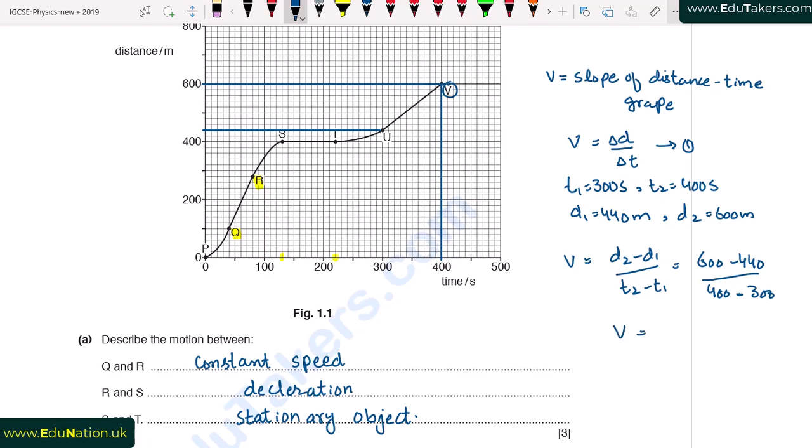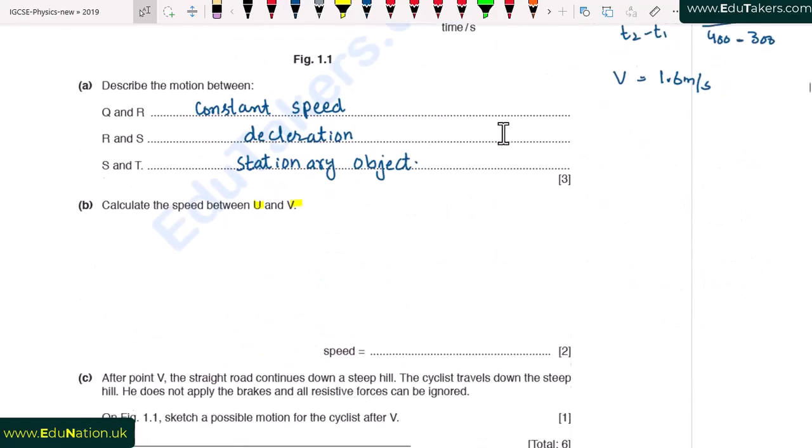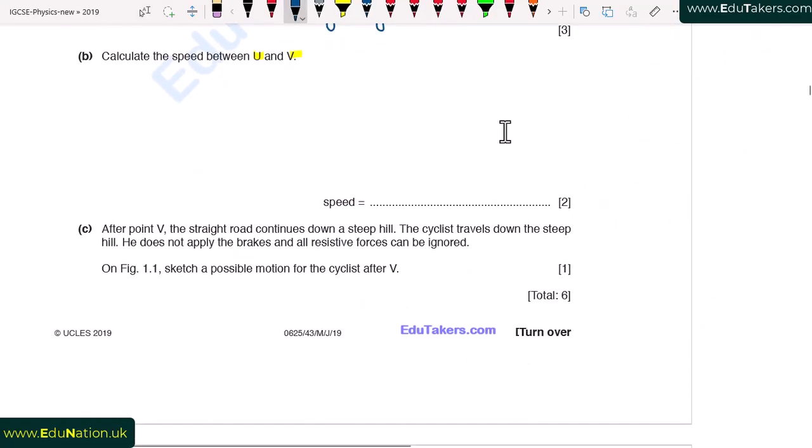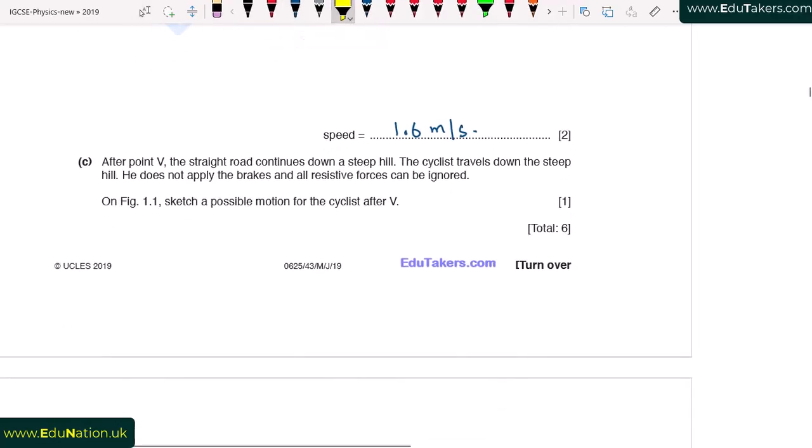So the speed comes to be 1.6 meters per second. So between U and V, the speed is 1.6 meters per second. I write here 1.6 meters per second.